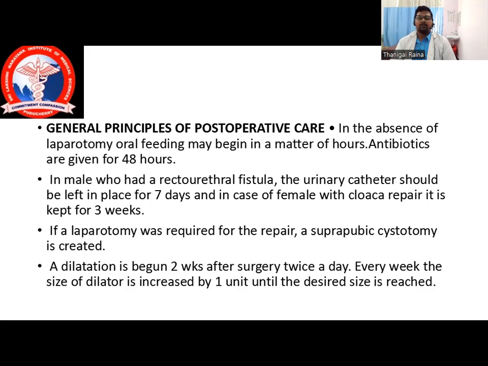If a laparotomy was required for the repair, a suprapubic cystostomy is created. Dilatation is begun 2 weeks after surgery, twice a day, and every week the size of the anal dilator is increased by 1 unit until the desired size is reached.